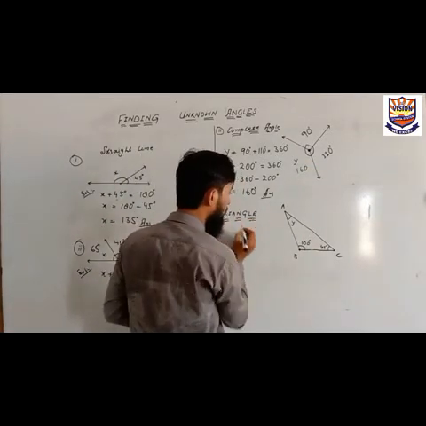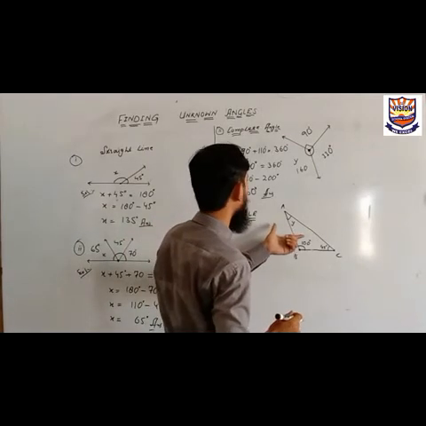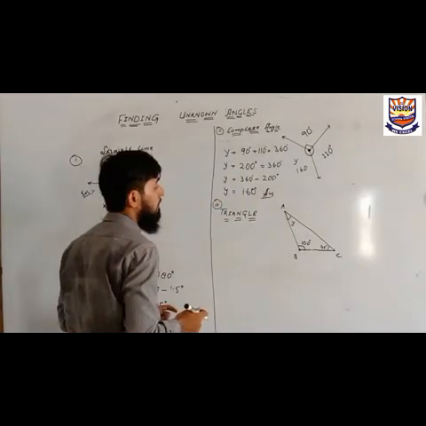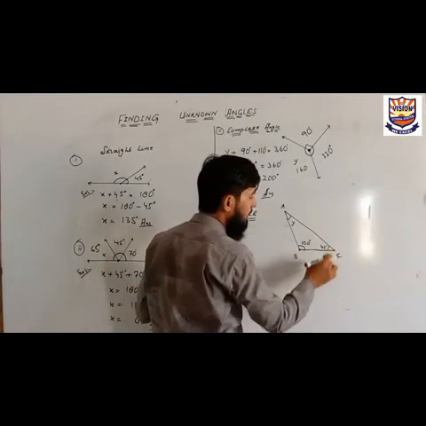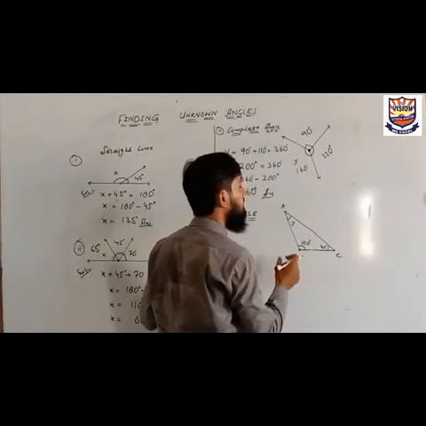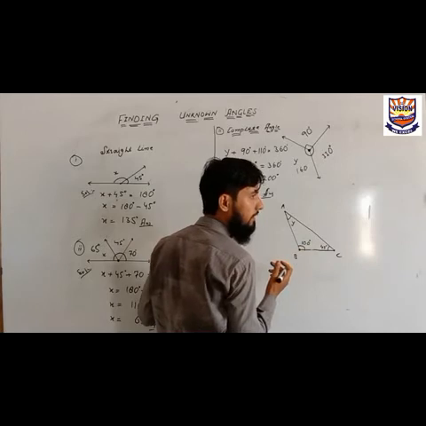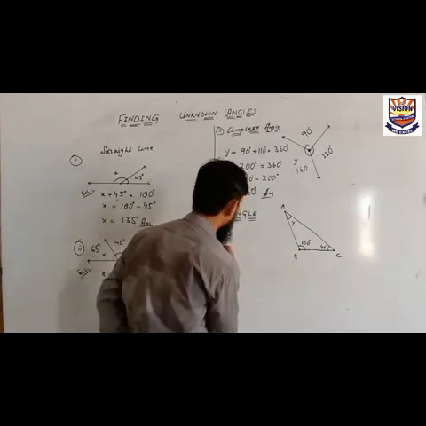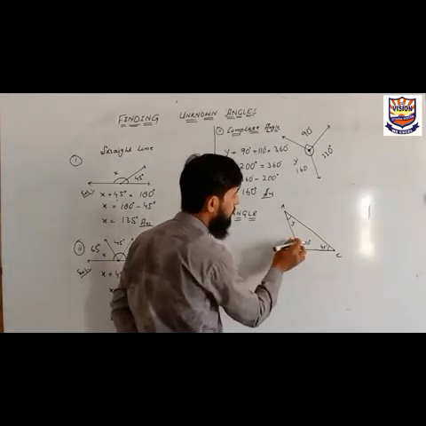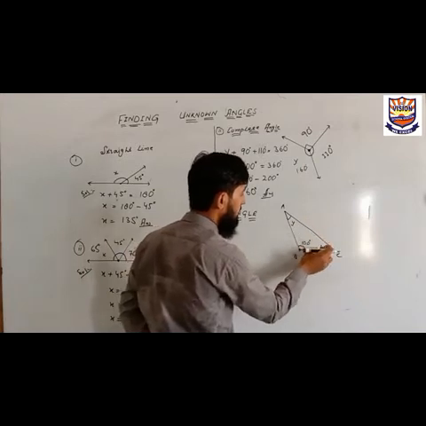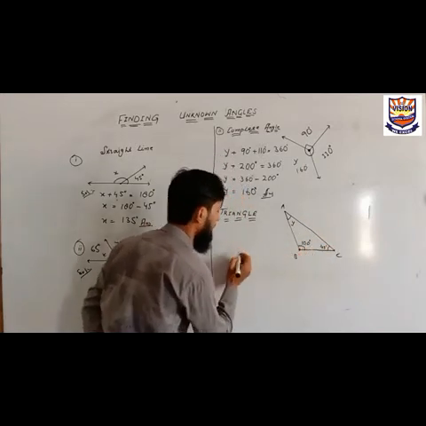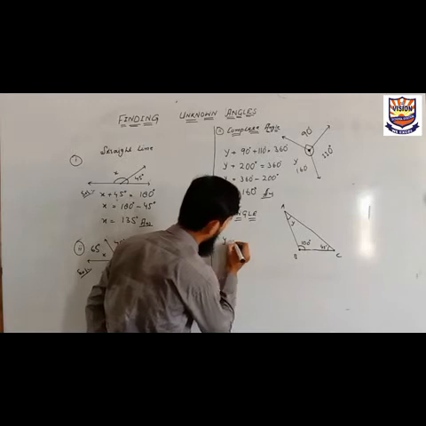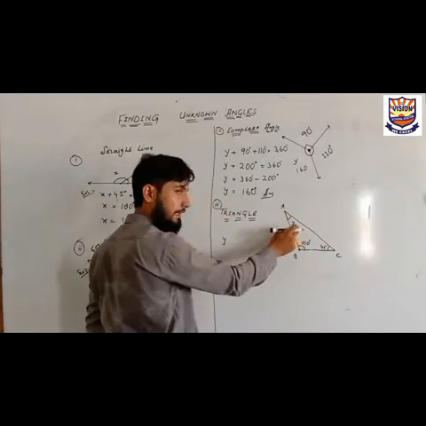Now we will learn how to find angles in a triangle. Again we know that the sum of angles in a triangle is always equal to 180 degrees. So what you will do is subtract the given angles from 180 degrees. We will find the unknown angle y.